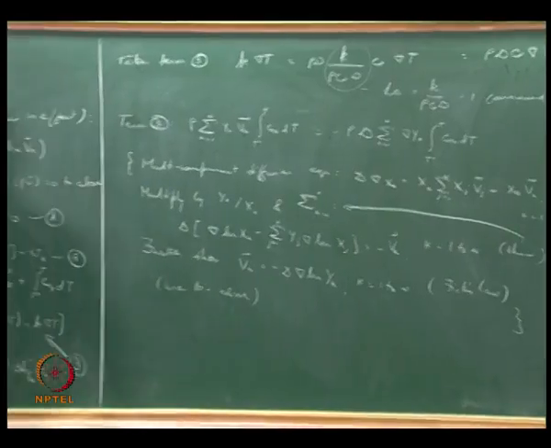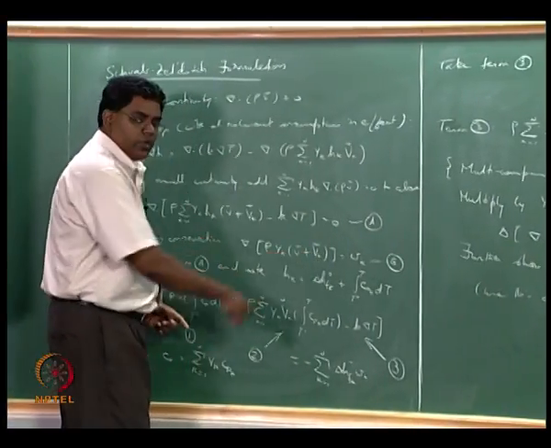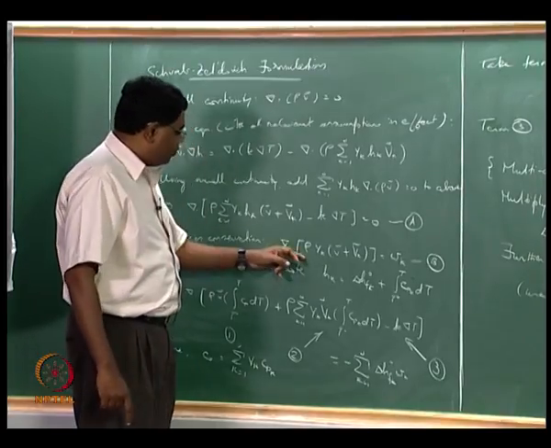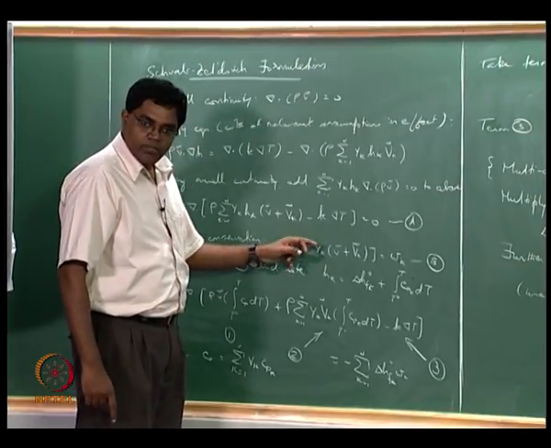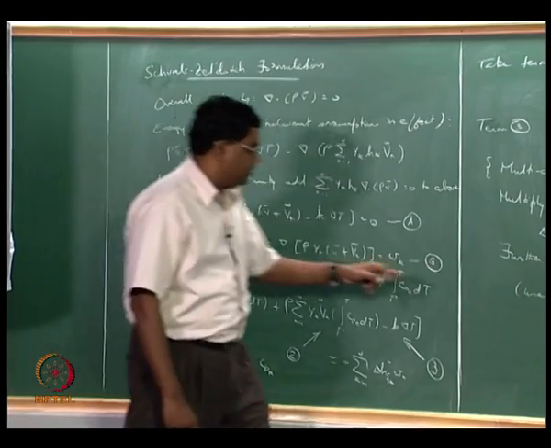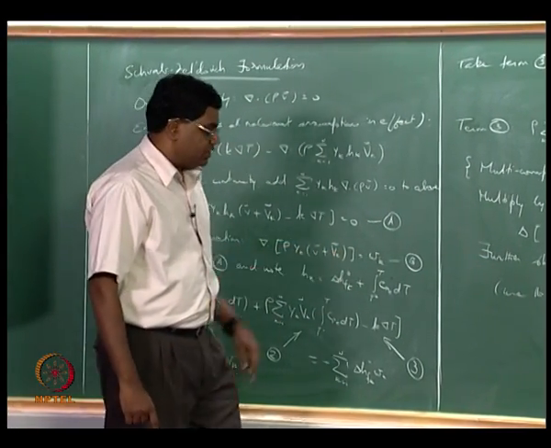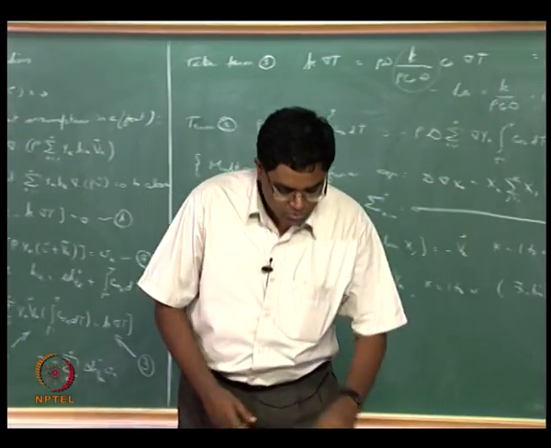If you substitute it over here, then what happens? Divergence of rho v yk plus, with the negative sign, minus d grad yk. That's what you're going to get. So let's try to write that out.